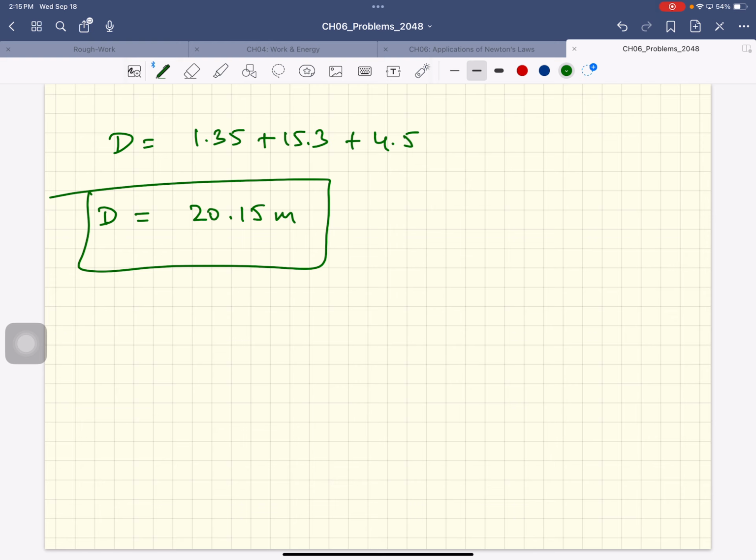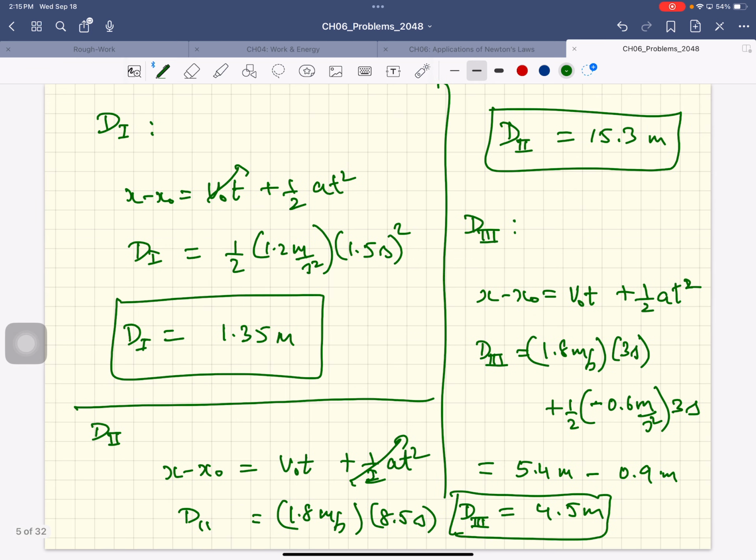Roughly 4 floors. Okay, so we'll stop here.